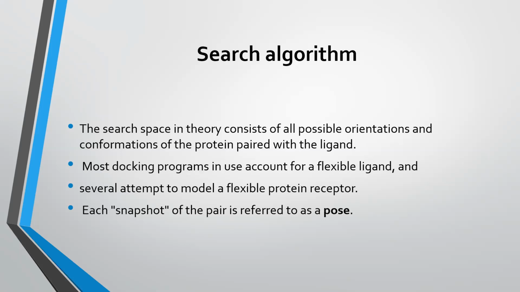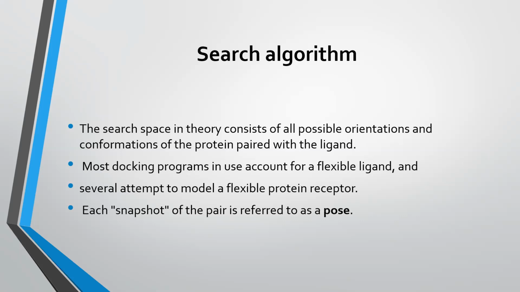That means all these docking programs, whichever algorithms we use for this analysis, try to utilize the flexibility of the ligand and receptor to model the process very close to reality.